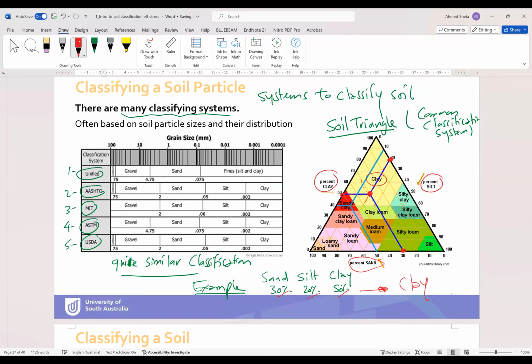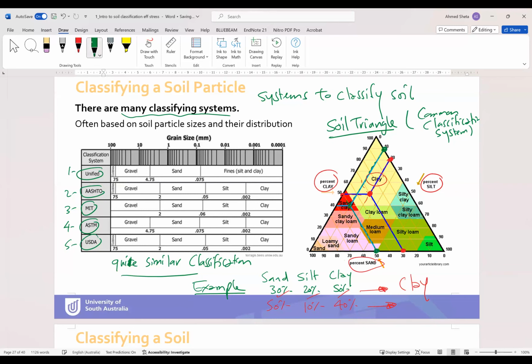We can have another example. If we have a soil of 50% sand, 10% silt, and 40% clay, what is the classification of this soil? In this example, the sand is 50%, so we go in this direction. And the silt is 10%, so this is the silt 10%.